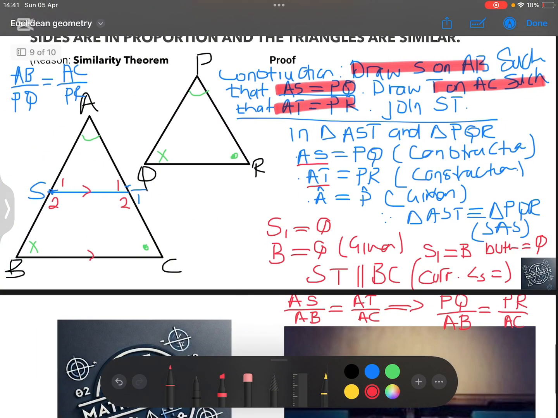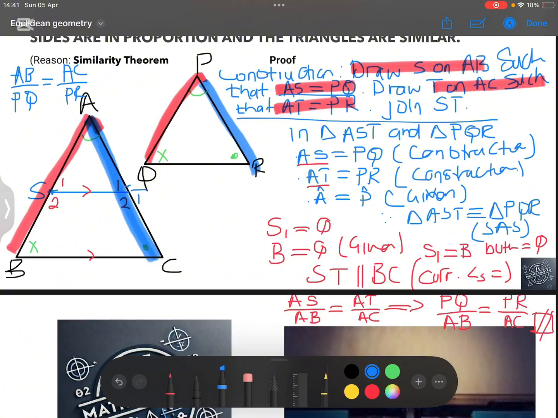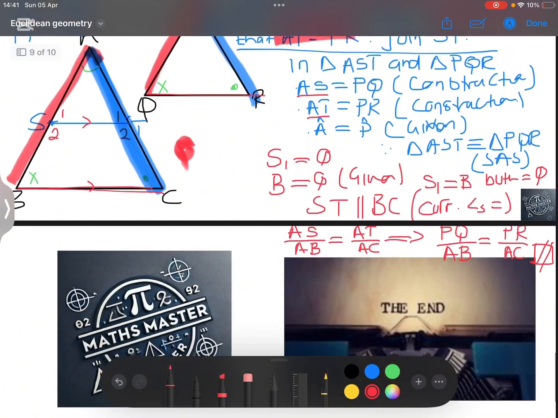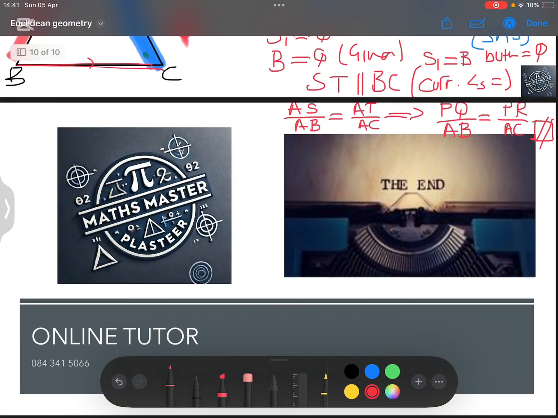So in that instance, you have proven that their sides are in proportion, because you have shown that this side divided by this side is equal to this side divided by this side. That is, PR divided by AC and PQ divided by AB.